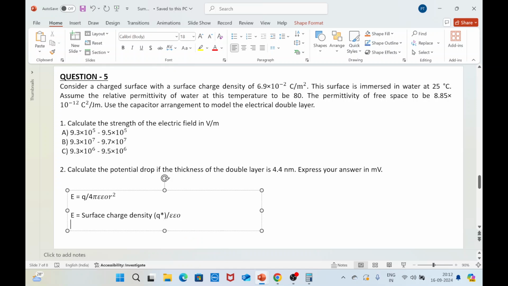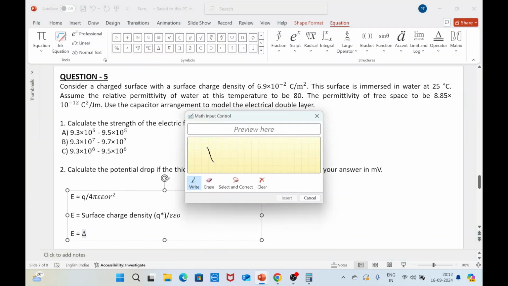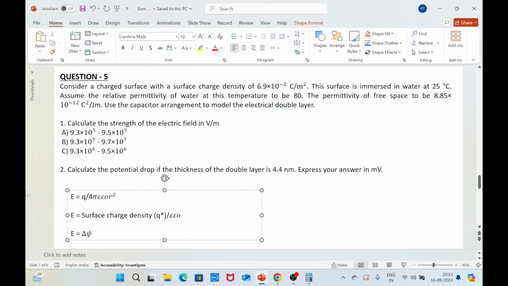Once you know the value of E, they are asking for the potential drop. You can write E as nothing but delta psi by delta x.